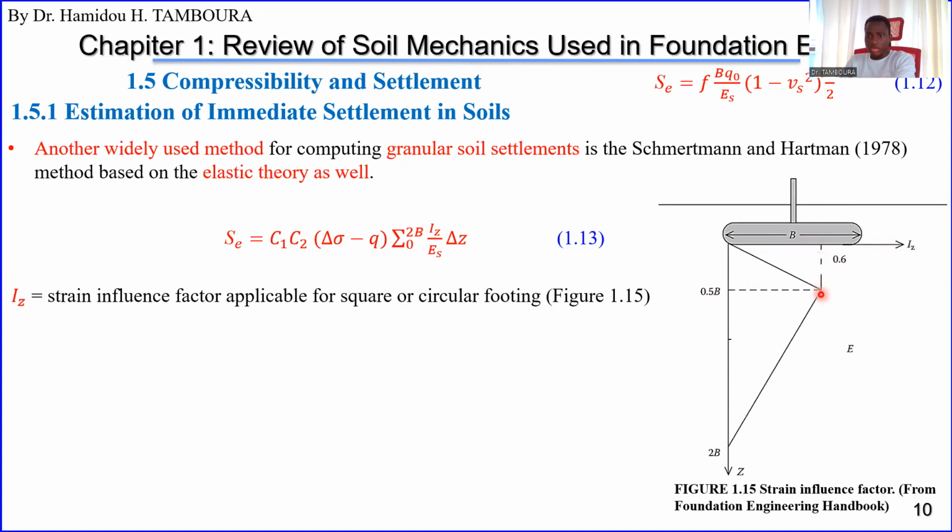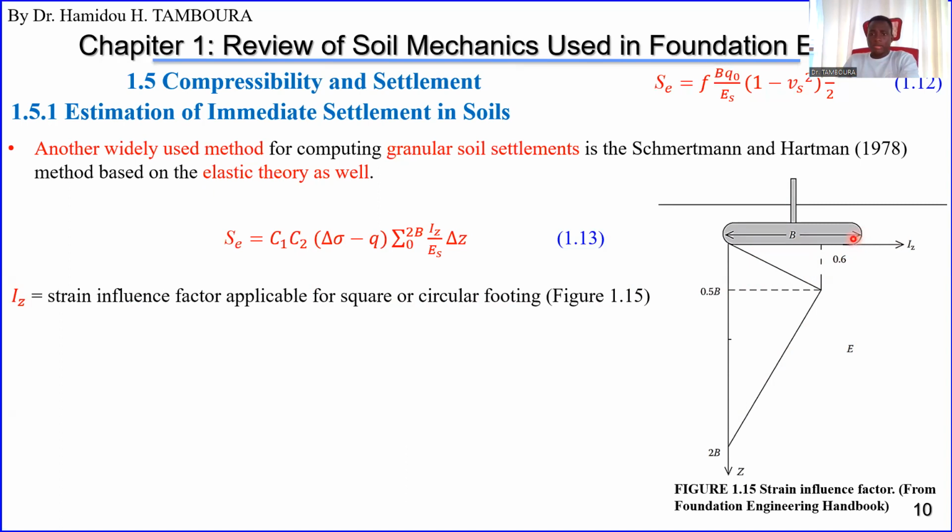As you can see here, it's written 0.6, so the maximum here is 0.6. Imagine that here is 0. Depending on the depth, the peak is at a depth of 0.5 times B, where B is the width of the footing.